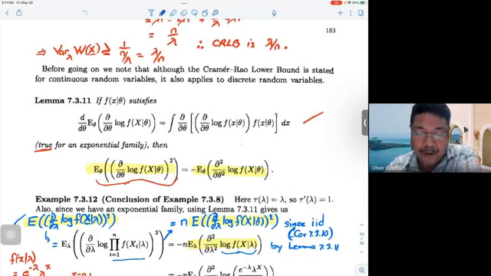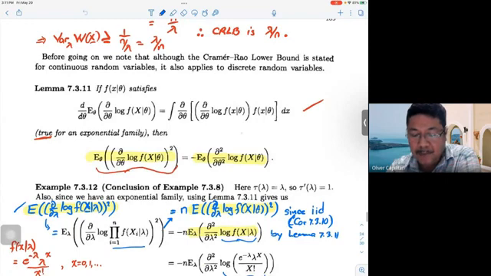If our density satisfies this equality, which is true for an exponential family, then the expression in our denominator in the Cramér-Rao lower bound, the expectation of the square of the derivative of the log of the PDF with respect to θ, will just be equal to the negative of the expectation of the second partial derivative of the log of our density with respect to θ.